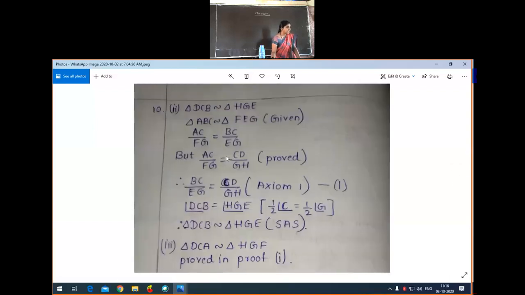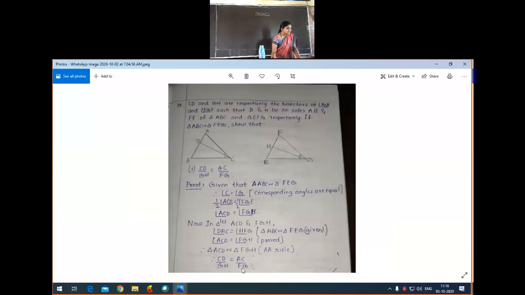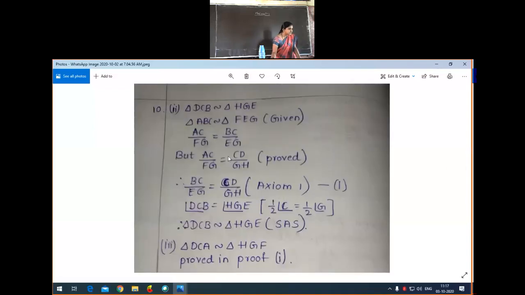Already we know AC by FG is equal to CD by GH. Here you can observe AC by FG equals CD by GH, which we showed in the first proof. Observe this equation and this equation: here AC by FG is common. Can we apply axiom 1 here? Yes, axiom 1: things which are equal to the same thing are equal to one another.